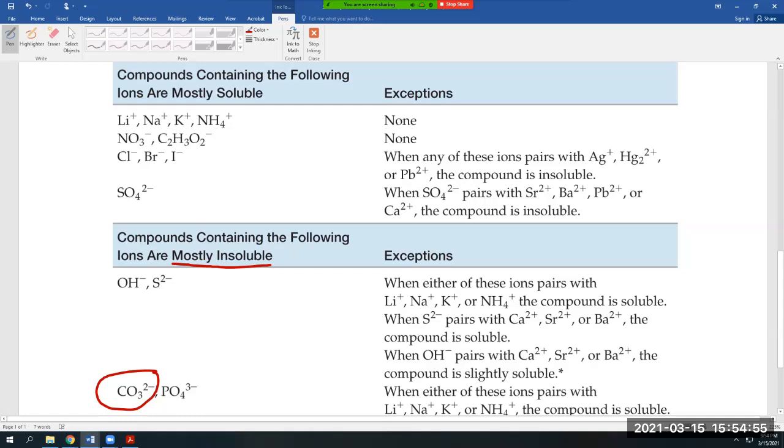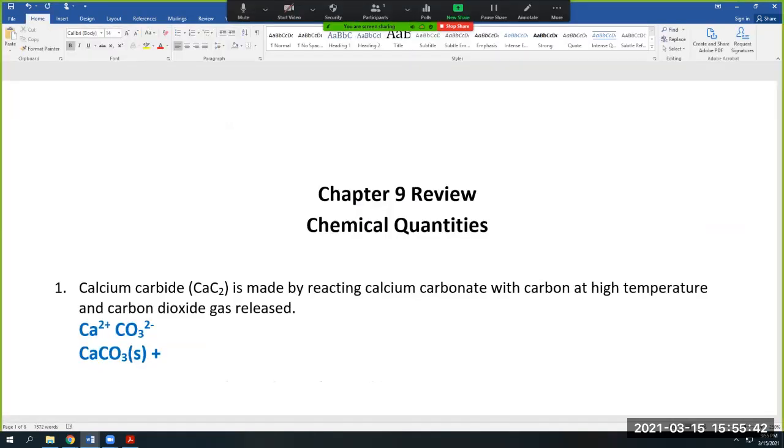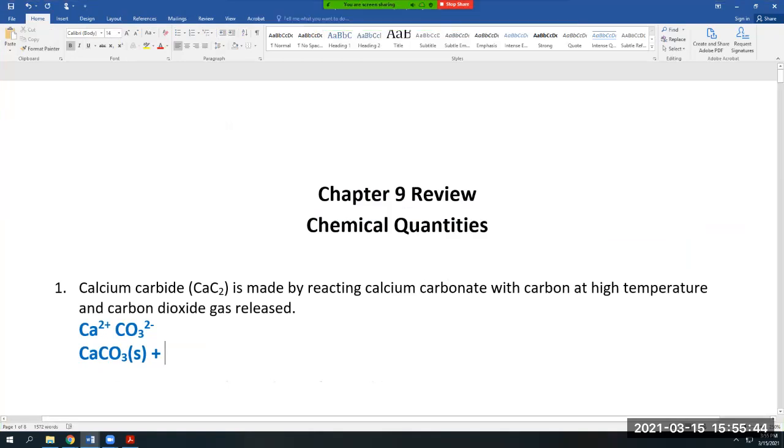Let's look at the exceptions to see if calcium is an exception. When either of these ions pairs with lithium, sodium, potassium, or ammonium, the compound is soluble. So that means calcium is not an exception, and that means it's going to be insoluble with carbonate. So because it is insoluble, we will write S for solid in parentheses.